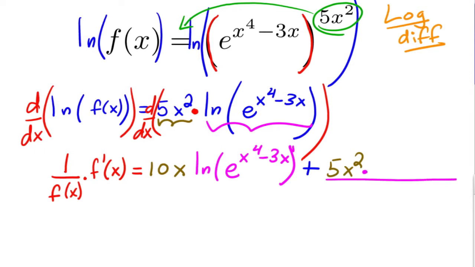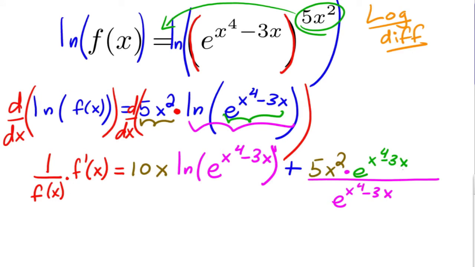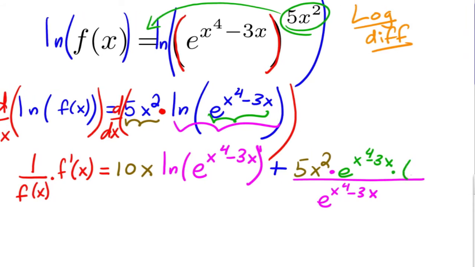Now, the derivative of the second is going to be 1 over this inside, so e to the x to the fourth minus 3x, times the derivative of that inside. So the derivative now of e raised to a power, remember, is just itself, e to the x to the fourth minus 3x. And then don't forget the chain rule again, times the derivative of this inside, which is 4x to the third minus 3.